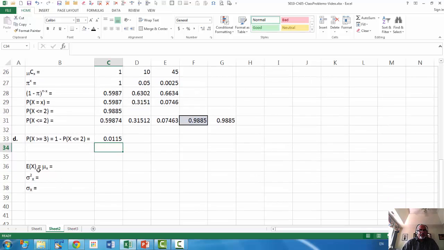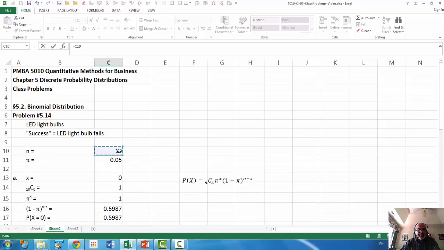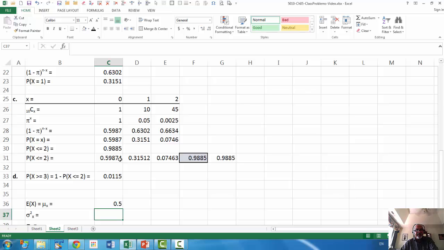Let's also compute the expected value of x, variance, and standard deviation. Expected value of x is what? N times pi. So here is n times pi. That's the expected value.